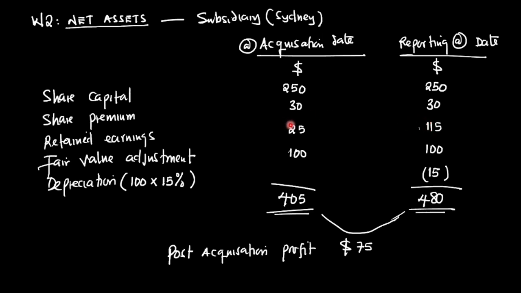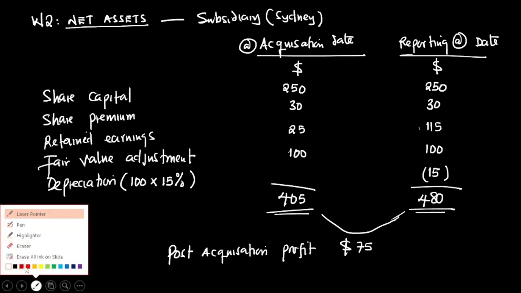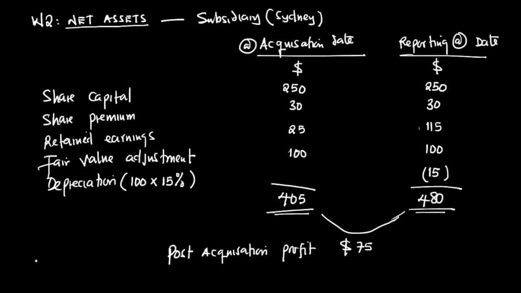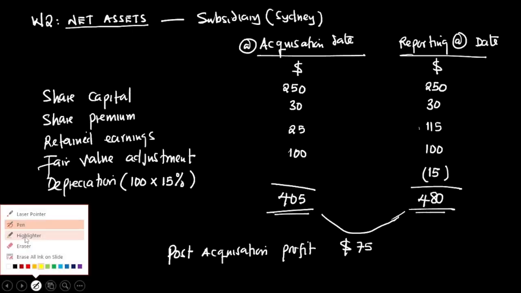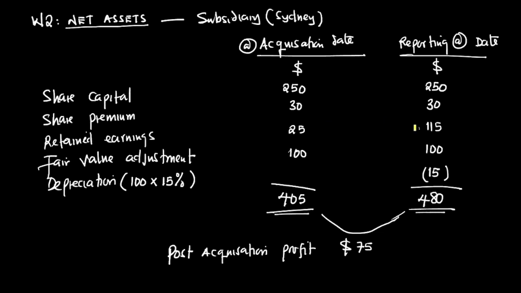So to get the post, that's the profit after, you say 115 minus 25, that will give you 90. But then there's also depreciation. Depreciation also reduces the same, so 90 minus 15 will still give us 75. So this is the profit after acquiring the entity.